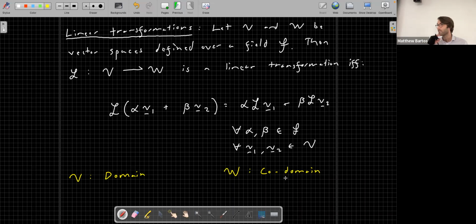Actually, I shouldn't say that. I should say that the codomain is the vector space onto which the linear transformation maps. But as we'll see a little bit later on, the linear transformation won't necessarily be able to map to every vector in that codomain. Okay, so we'll talk a little bit about those subtleties later.